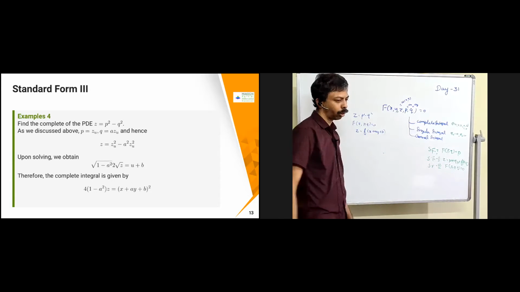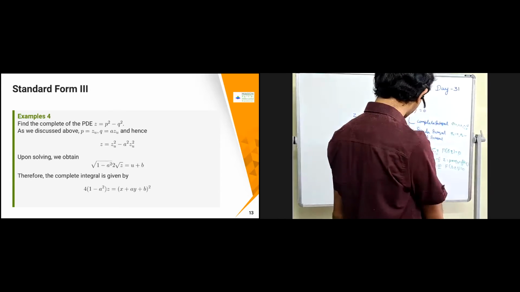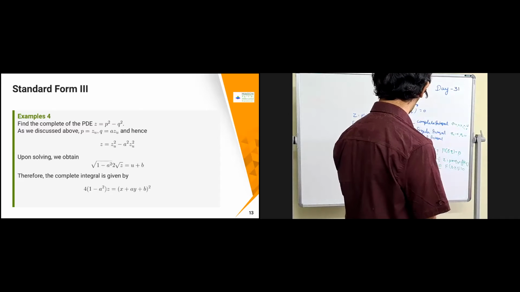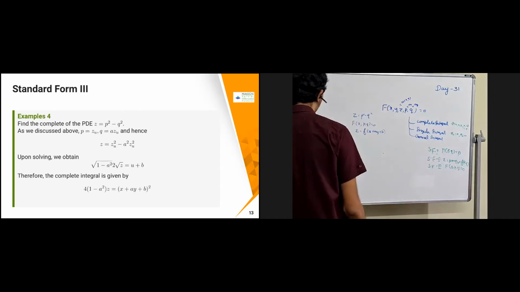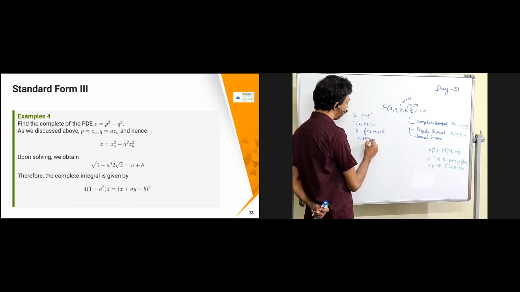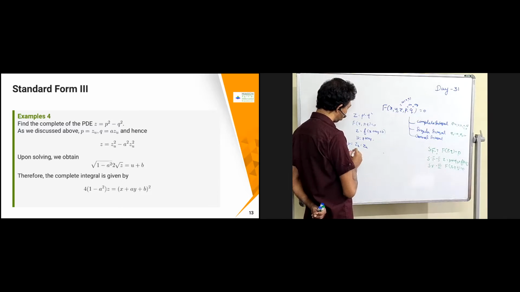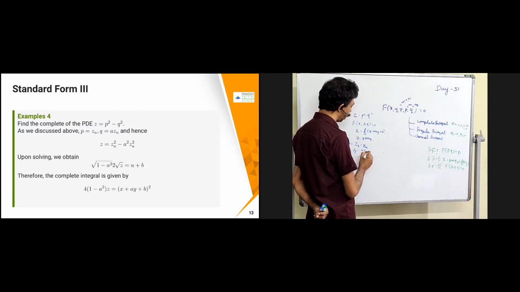This is going to be our solution. How do we arrive at this? We arrive at this because of the assumption u equal to x plus ay. From that we found zₓ, which is p equal to z_u, and then q equal to z_y equal to a into z_u. This is the one we need to follow.